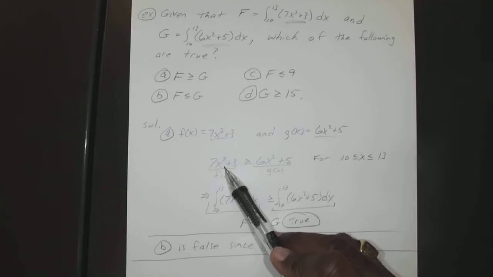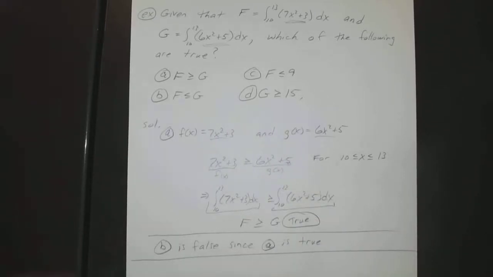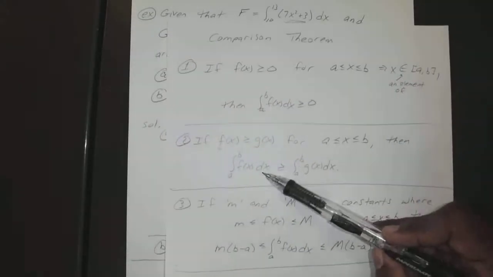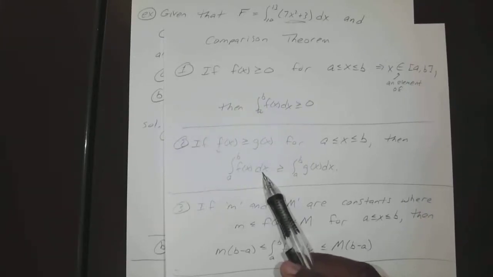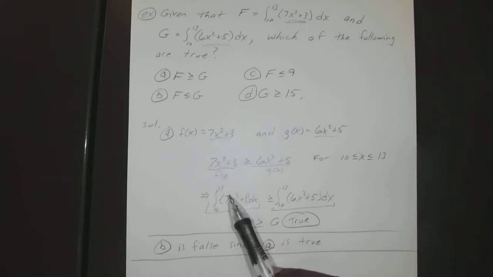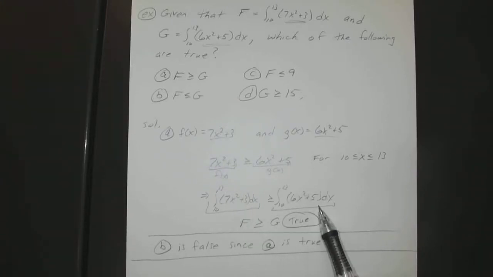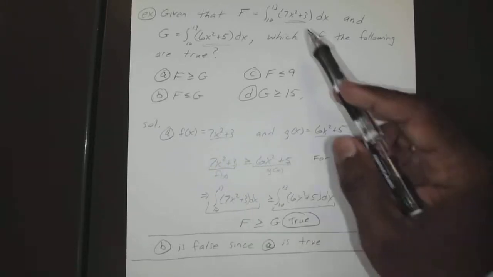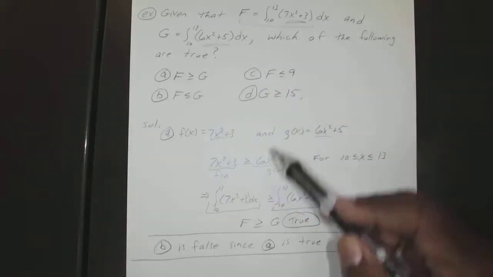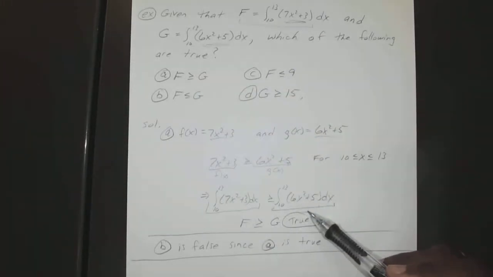So if our f of x is bigger than our g of x, then by this property here, the integral of f of x is bigger than the integral of g of x. So we knew the integral of this one would be bigger than the integral of 6x squared plus 5, which from the very beginning is just our f and our g.